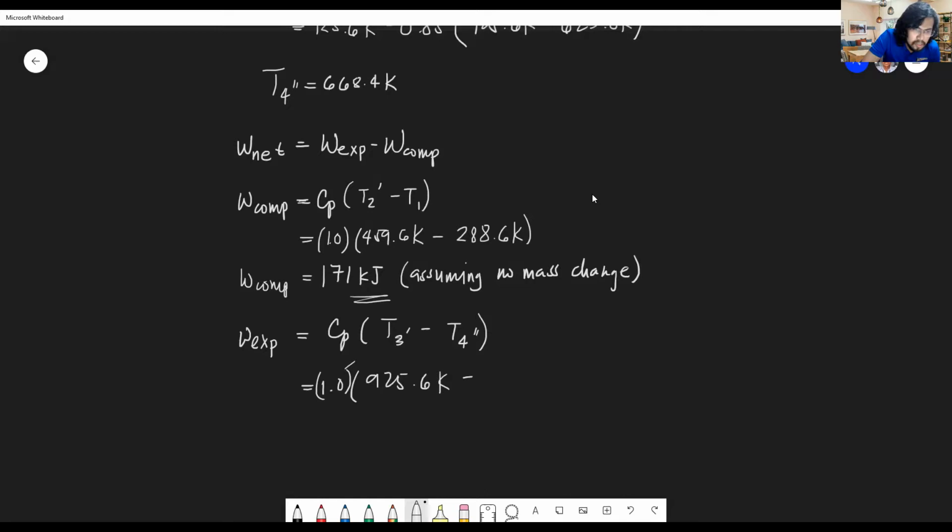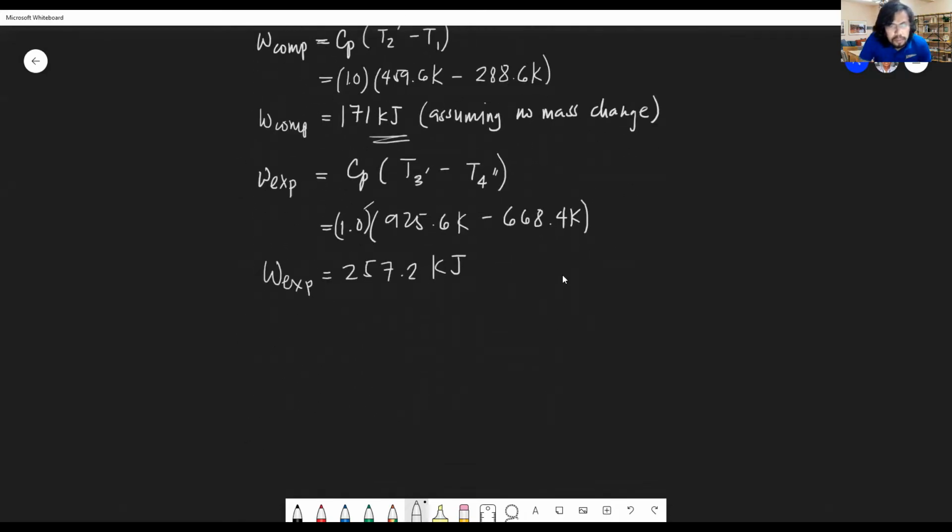T4 is 668.4, so we have it here, 668.4 Kelvin, and we simply have it as 257.2 kilojoules, assuming there's no heat loss.